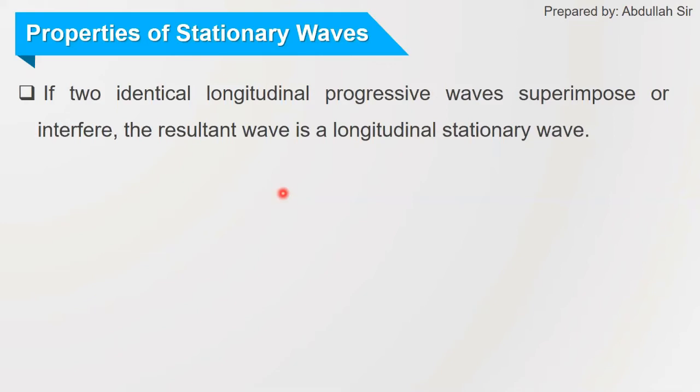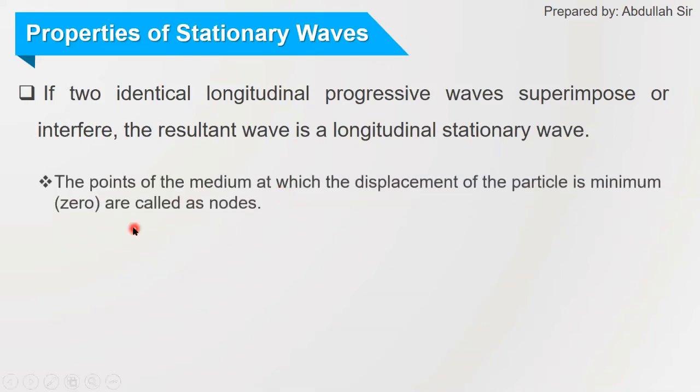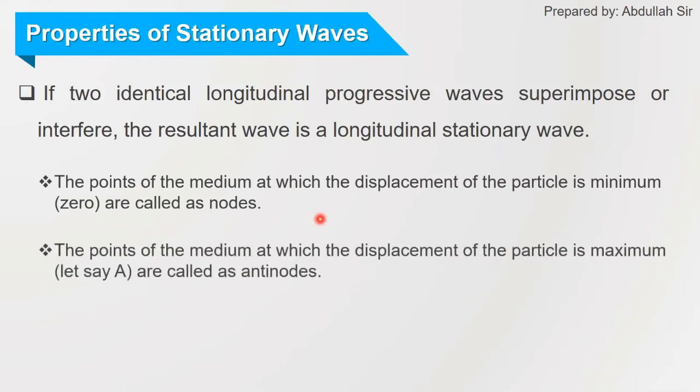Now, the first subpoint in this section is that the points of the medium at which the displacement of the particle is minimum or zero are called nodes. In a longitudinal stationary wave, there are certain points at which particles have minimum amplitude. These points are called nodes. We are going to see these nodes in one of our animations. First, we are just going through these points.